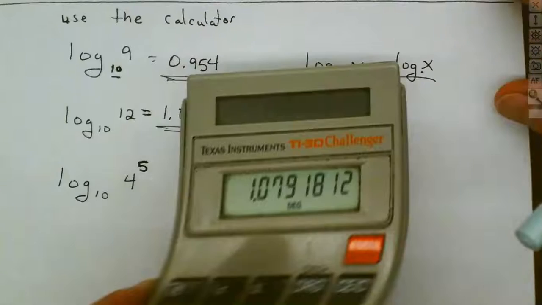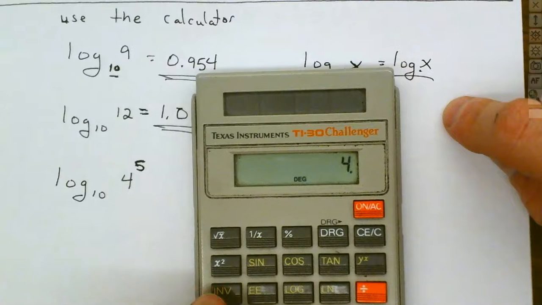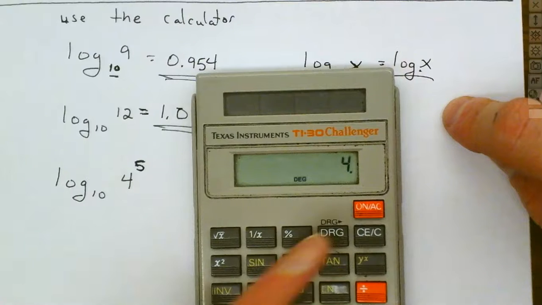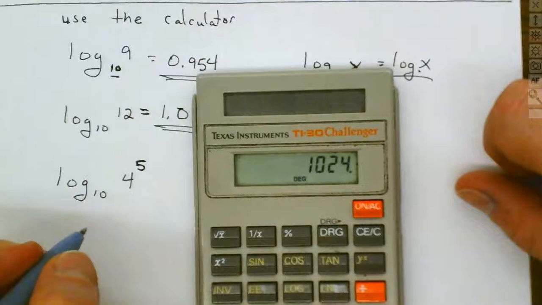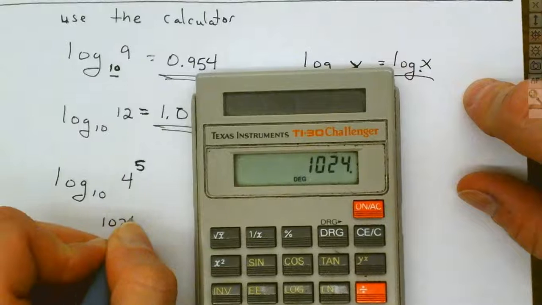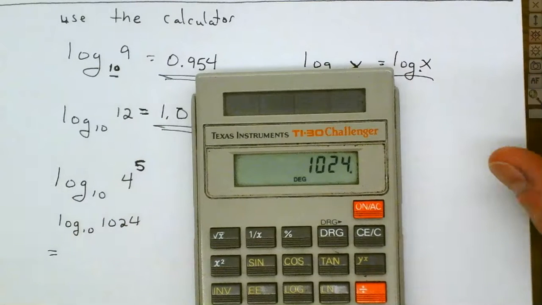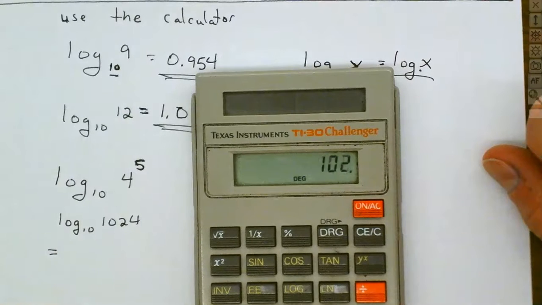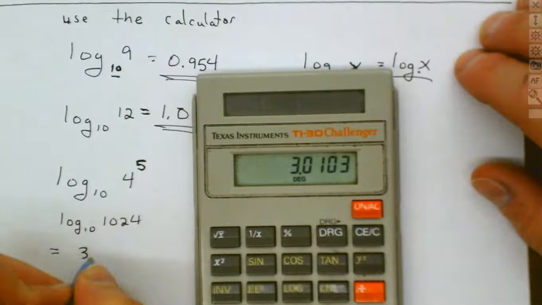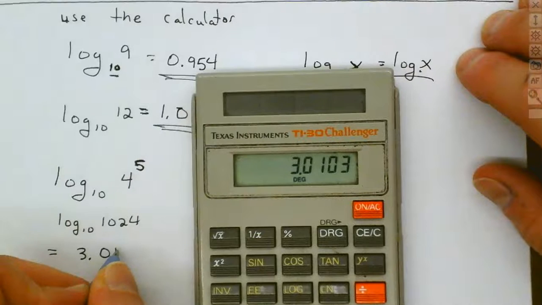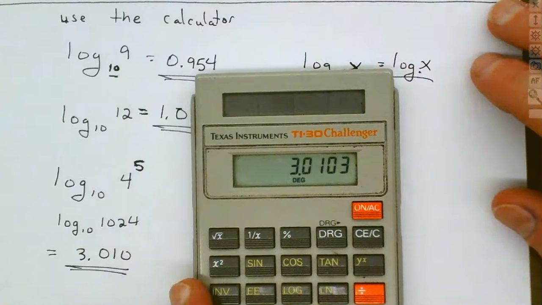One way would be, I would go ahead and take that 4 to the 5th power, which is going to be 1024. And now I can use my log key, and that gives you 3.010, if we round. So that's one way of doing it.